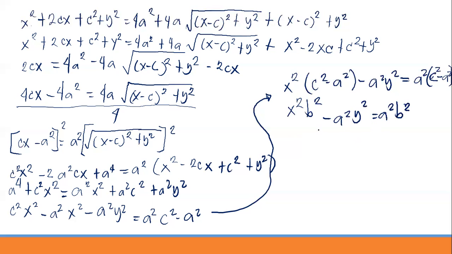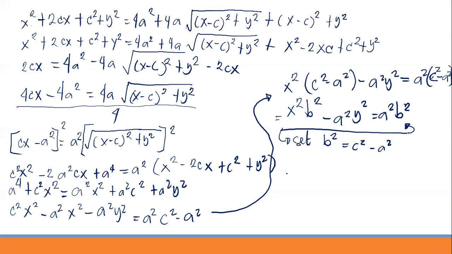Alright? So, dito, we set, okay, ayan, this is the equation na yan, we set b squared equals to c squared minus a squared. Okay, kaya ito yung result niya. And then, divide both sides by a squared and b squared. Okay?